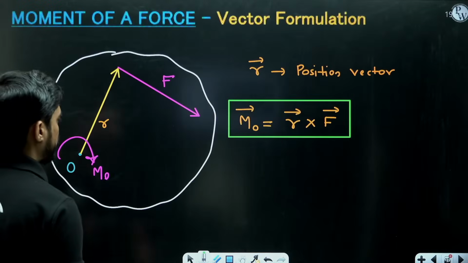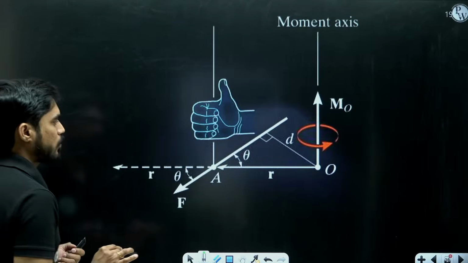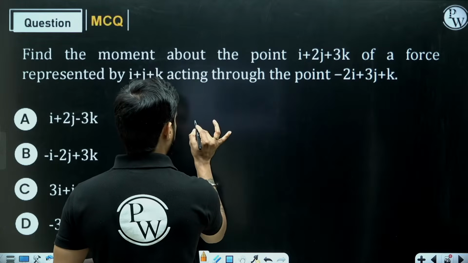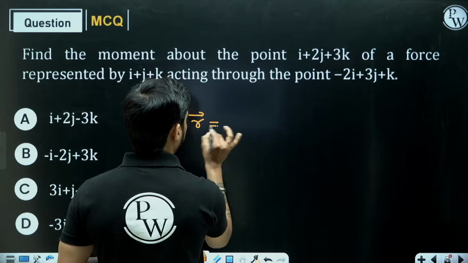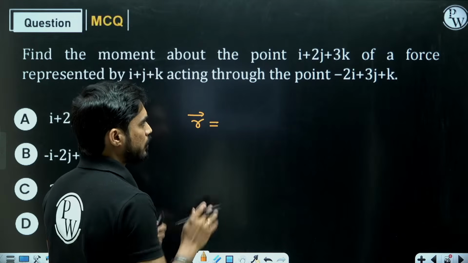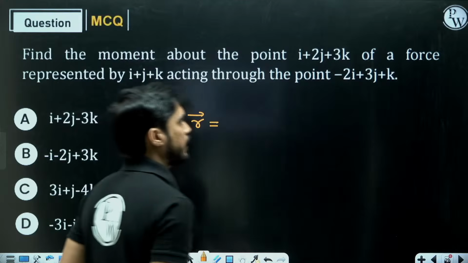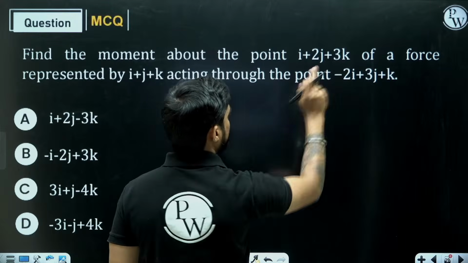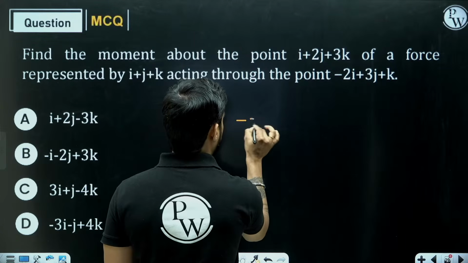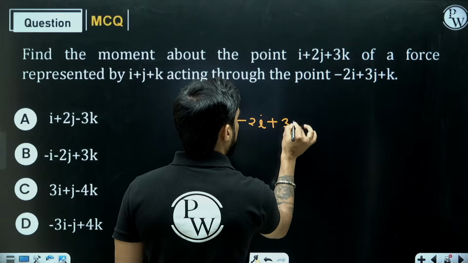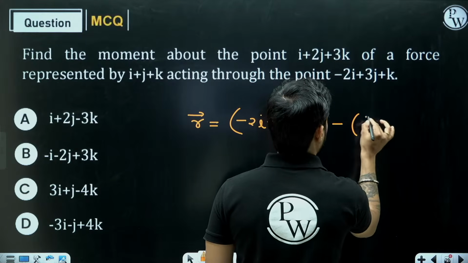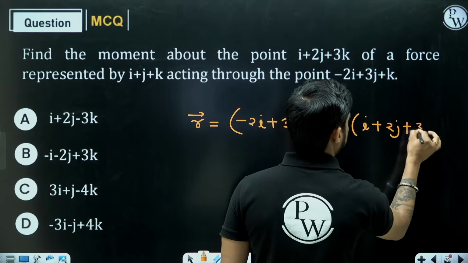Position vector r will be equal to the point where the force is acting, minus 2i plus 3j plus k, minus the point where we need the moment, i plus 2j plus 3k.